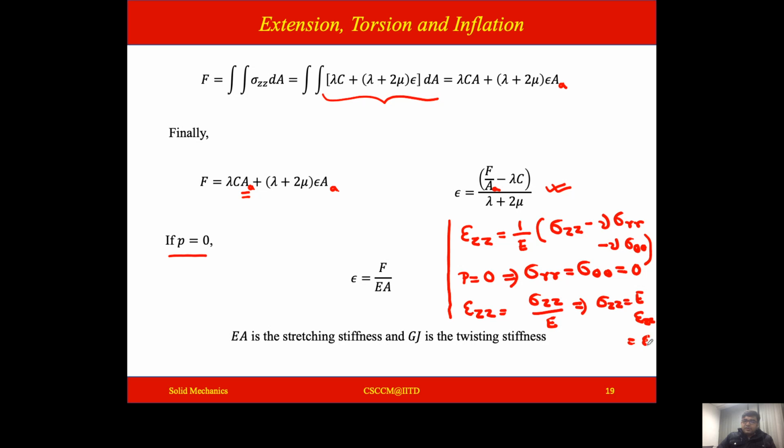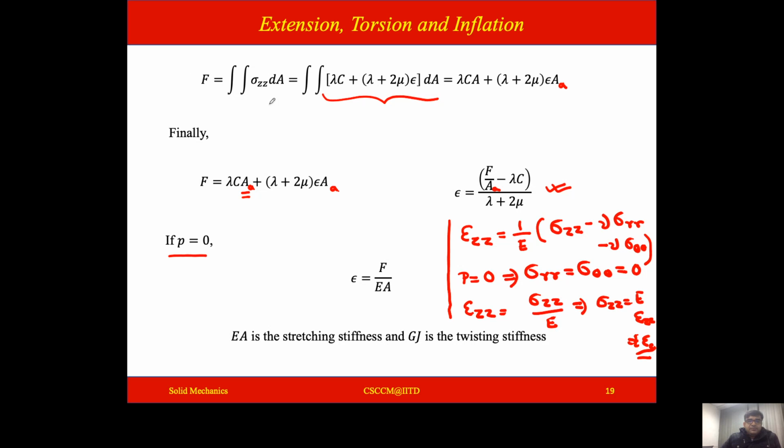And epsilon zz is nothing but epsilon C, or epsilon from our last lecture, which is a constant. So it does not change with area. Epsilon C does not change with the coordinate system, with a change in the point. So sigma zz is equal to E epsilon C. The E is missing here, I can see.